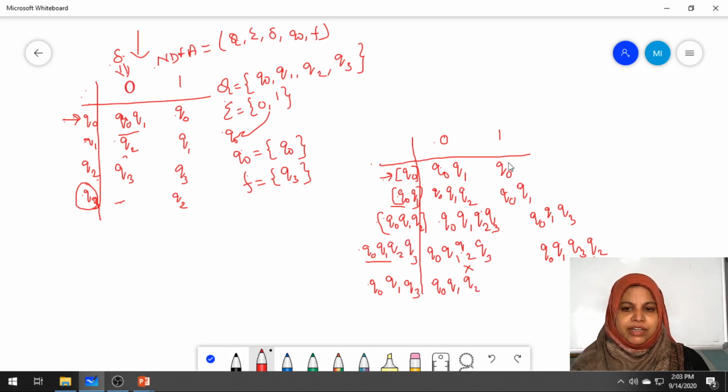Now, q0 on 1 is q0. q1 on 1 is q1. q3 on 1 is q2.